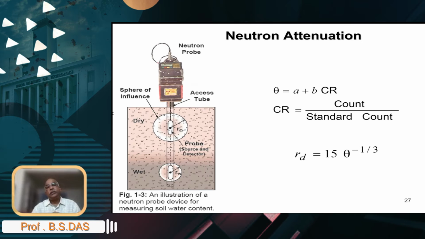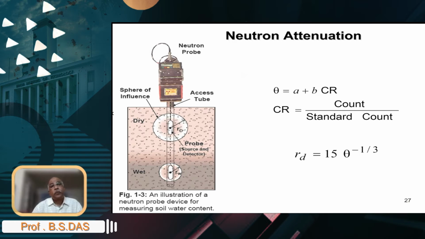The count is basically the number of slow neutrons, and the standard count is the number of fast neutrons you released as the radioactive source is activated.